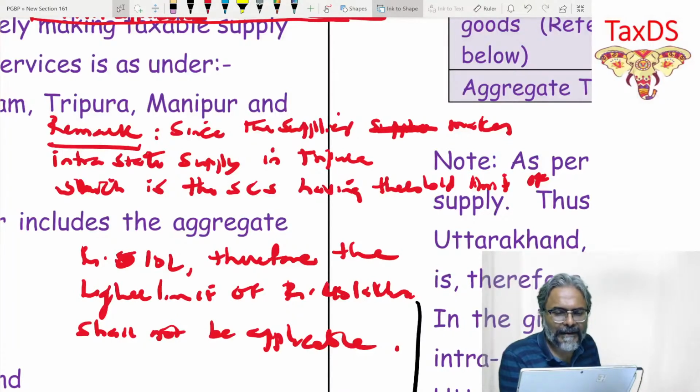I'm dictating it again. Since the supplier makes intrastate supply in Tripura, which is the SCS, having the threshold limit of rupees 10 lakhs, therefore, the higher limit of rupees 40 lakhs shall not be applicable. Is that point clear to all of you students now? Everyone?